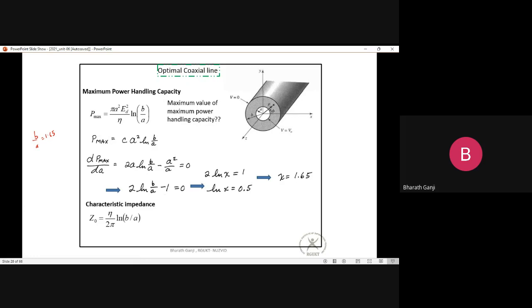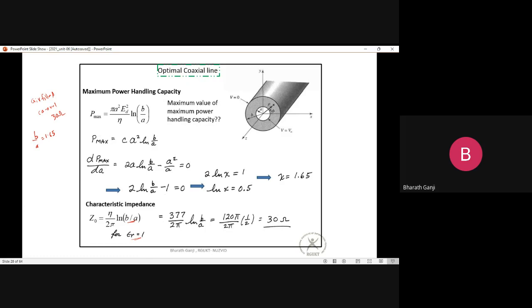So if I assume it is air filled, epsilon r is equal to 1, I can say that if I put b by a equal to 1.65, I get the characteristic impedance approximately close to 30 ohms. So an air filled coaxial line which has a characteristic impedance of 30 ohms will always have maximum power handling capability.